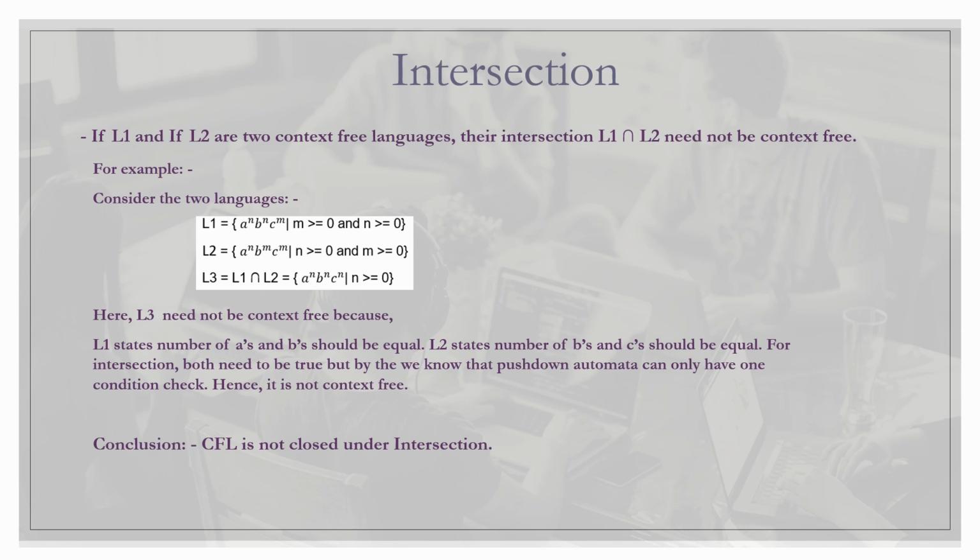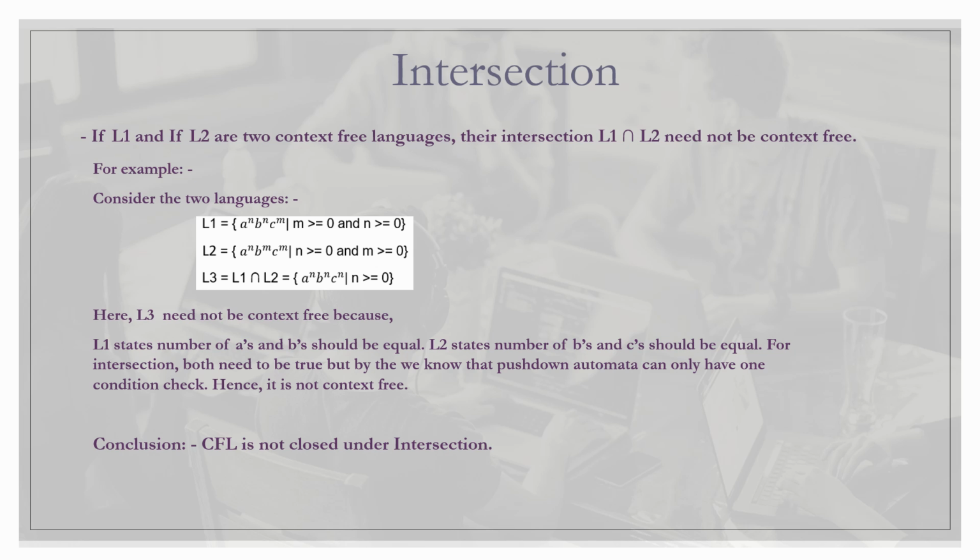An intersection between the both would be the elements present in both. Let's represent it by a to the power n, b to the power n and c to the power n, where n is greater than or equal to 0, and this need not be context free. Because here L1 states a and b should be equal, L2 states the number of b and c should be equal.